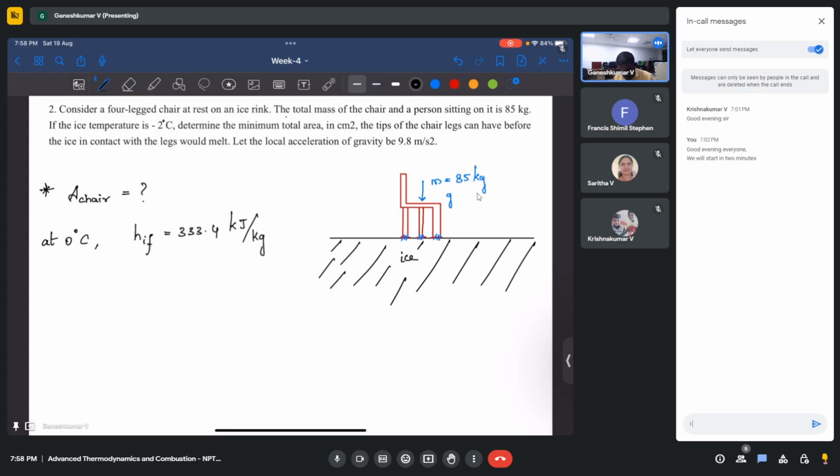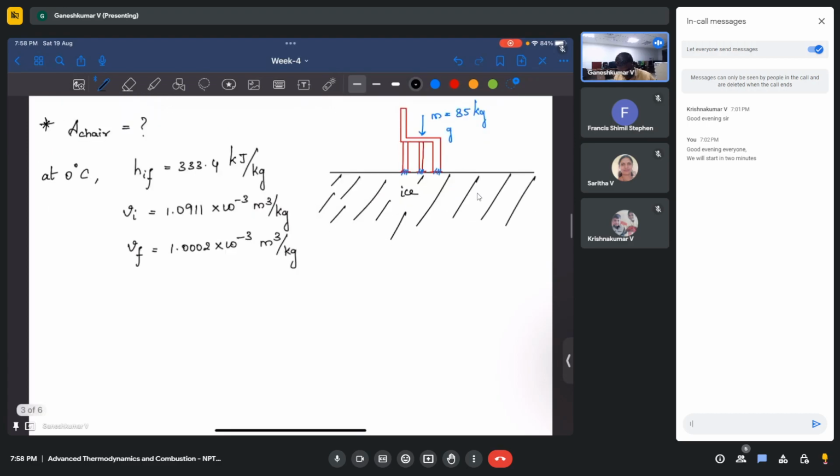Okay, and the specific volume of ice at that state is going to be 1.0911 times 10 power minus 3 meter cube per kg, and Vf is going to be 1.0002 times 10 power minus 3 meter cube per kg. Now we also know the P saturation at 0 degrees Celsius, which is 0.61 kilopascal.